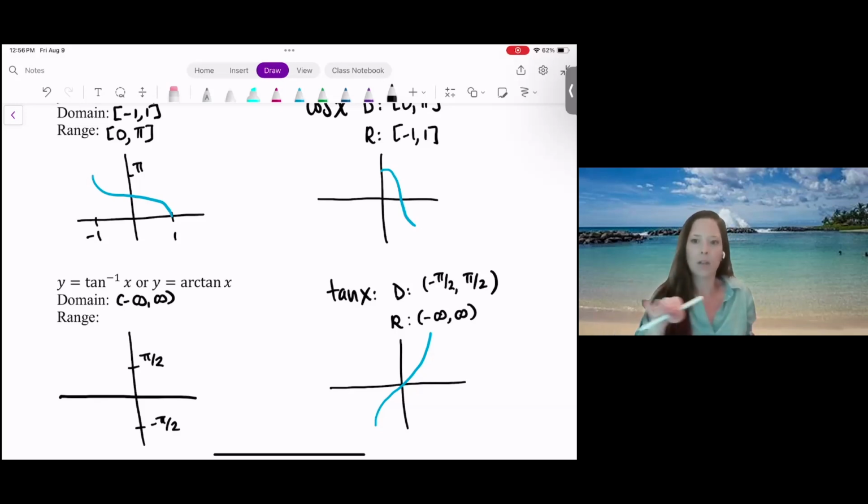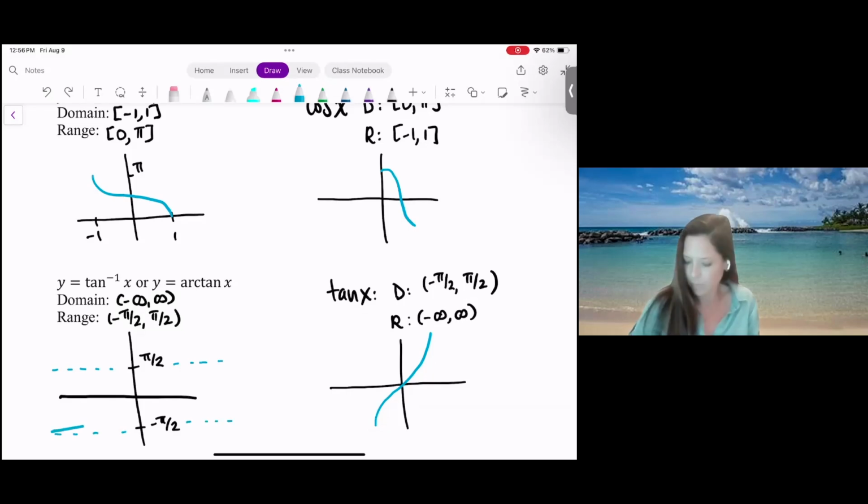So it's going to be horizontally extending. And then the range goes from negative pi over 2 to pi over 2, but doesn't approach it. So those are actually going to be asymptotes for this inverse tangent. And the graph is going to look like this. A little bit more of a curve to it, but you get the idea.